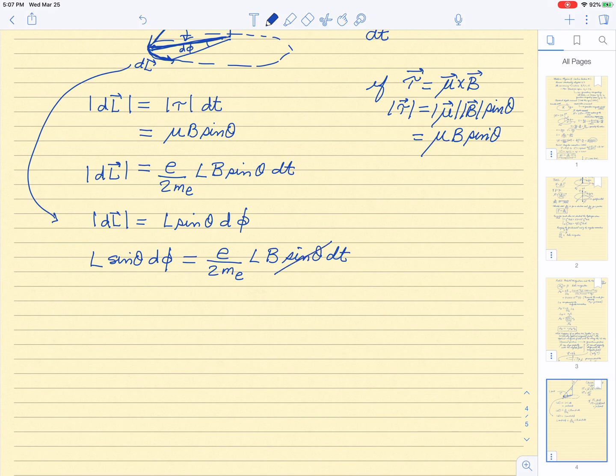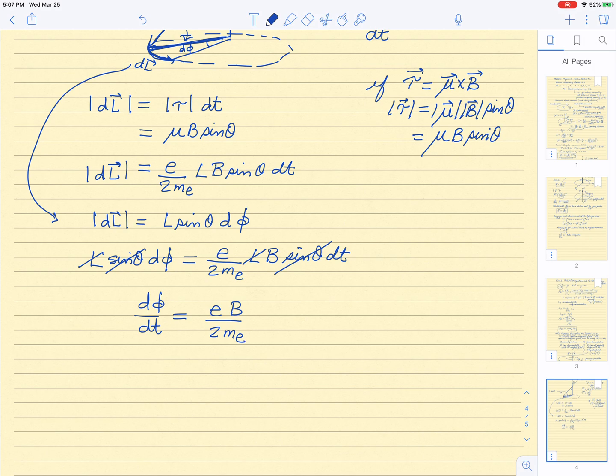And so sine of theta goes, L cancels, and we're left now dividing both sides by dt. We have d phi dt is going to be equal to e times B over 2 m_e.